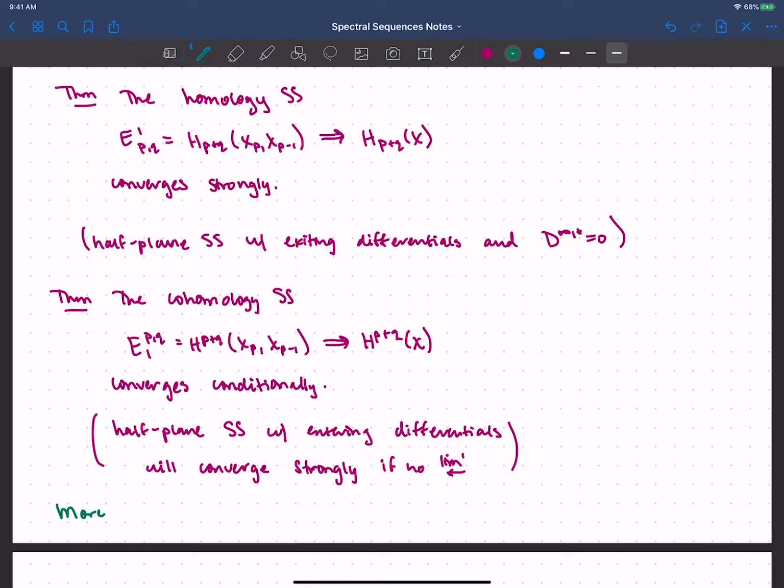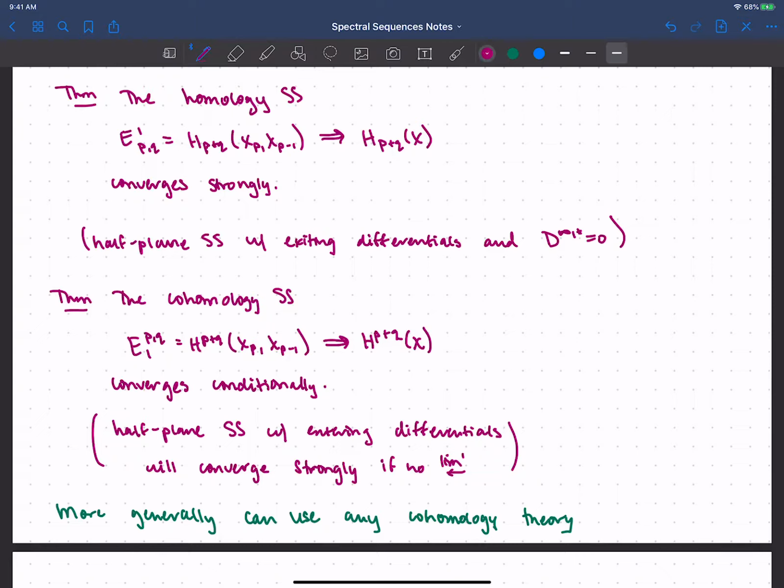In both of these, more generally, you can use any cohomology theory. It doesn't have to be singular cohomology. You take any spectrum and it represents a cohomology theory, and you could work with that. Maybe K theory, whatever it is you want to do.